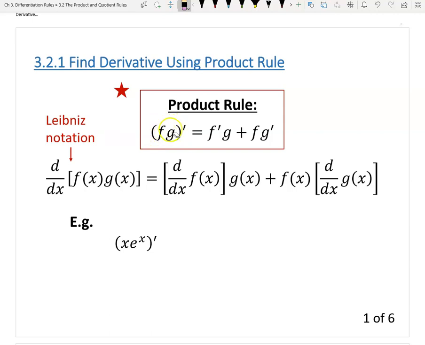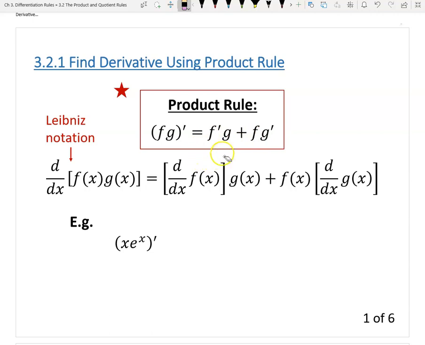That's the product, that's why we call it the product rule. On the right side, you can see 2 terms added together. The first term is f prime times g, which means take a derivative of the first function. The second is f times g prime, take a derivative of the second function g.